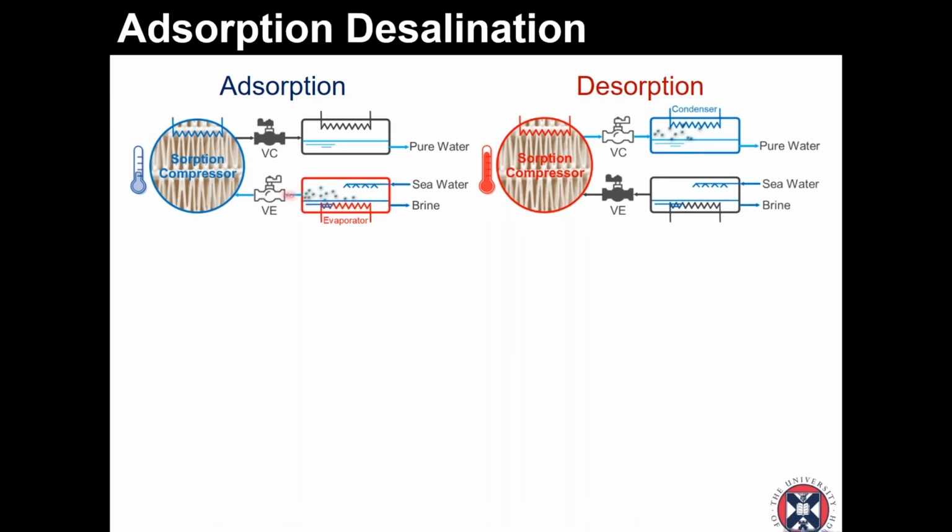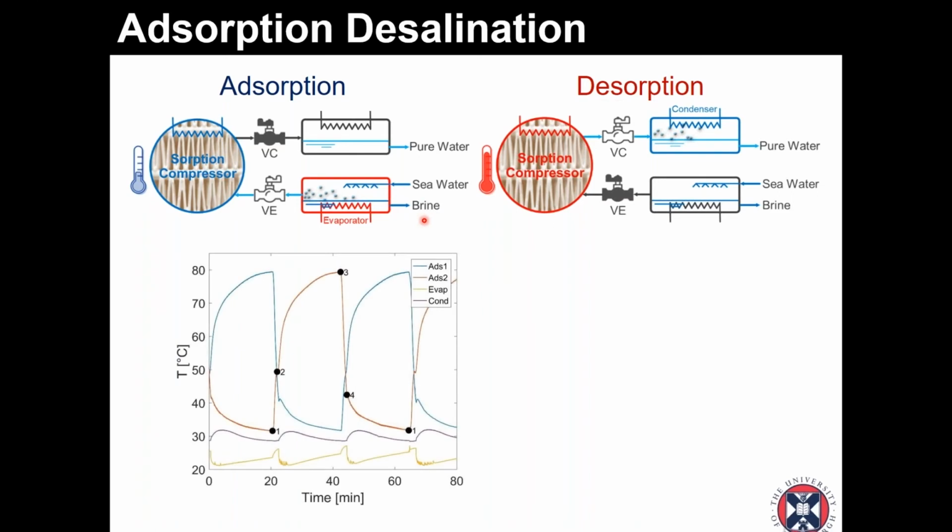So this vapor is first fixed in the sorption material, then we close this connection valve, as you see here, and open the other valve. We heat up the material and we regenerate the bed and condense the water vapor generated on a cold surface, which is usually at ambient temperature, producing pure water and producing also brine on the evaporator.